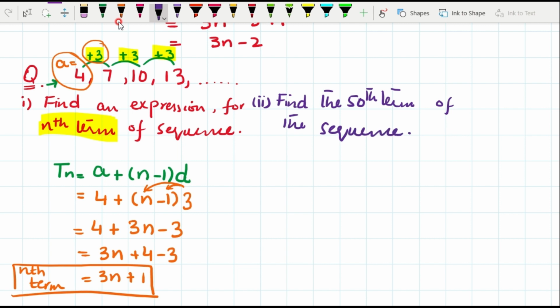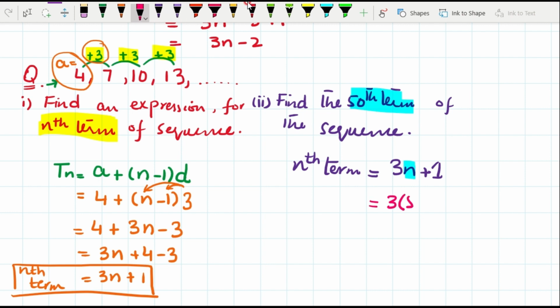Okay, so what was the nth term? The nth term we just calculated, and that is 3n plus 1. We need to find the 50th term, so instead of n, we will substitute 50.